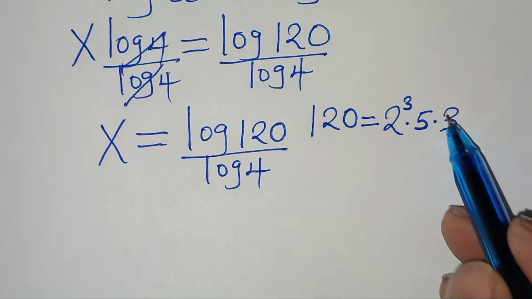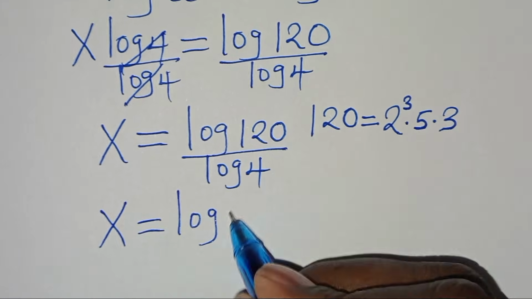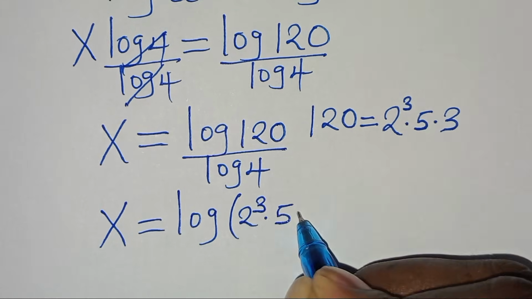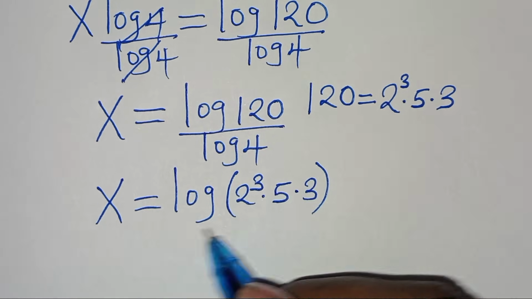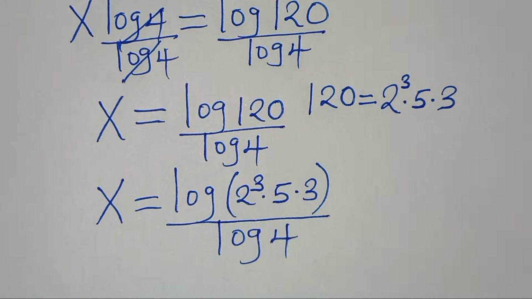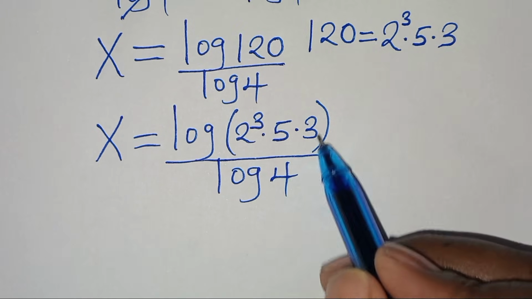Let's substitute this here so that x is equal to log of 2 to the power of 3 multiplied by 5 multiplied by 3, everything divided by log 4. We have log of 2 to the power of 3 times 5 times 3.